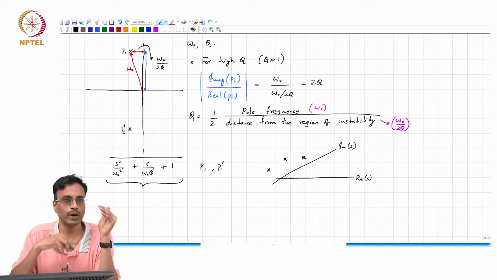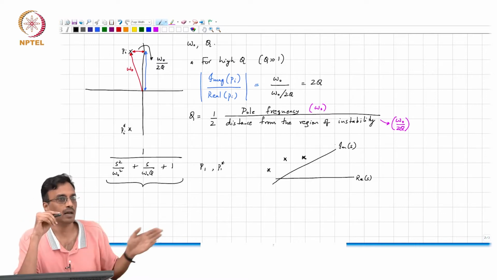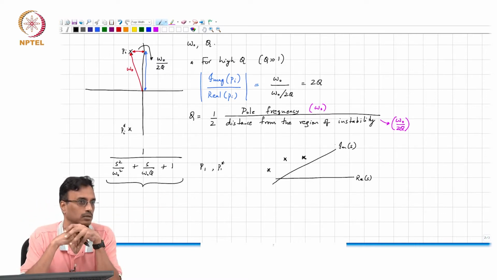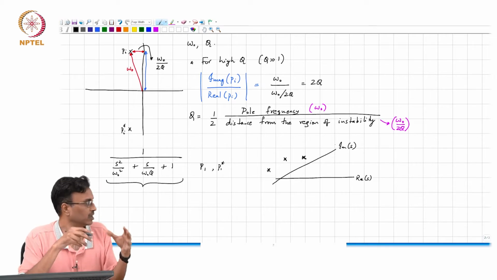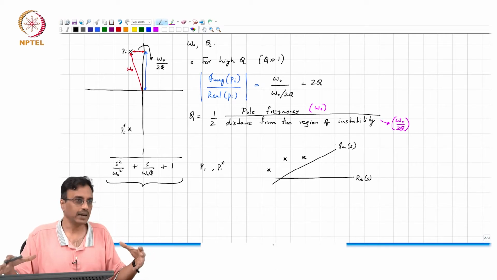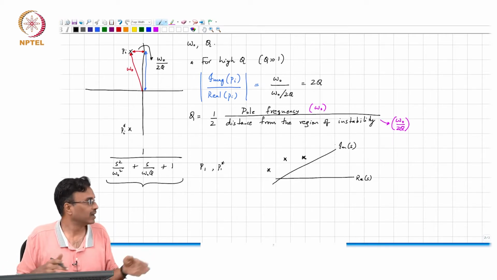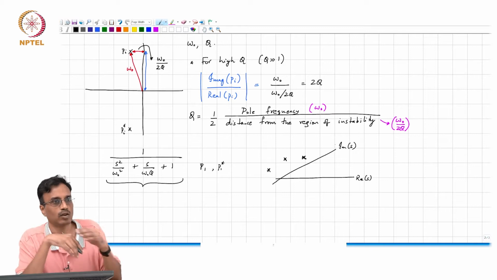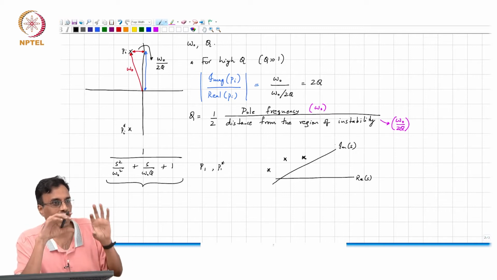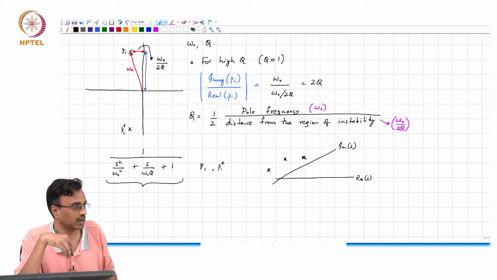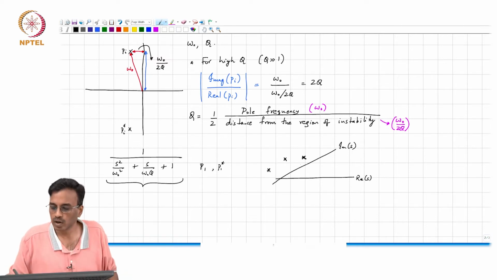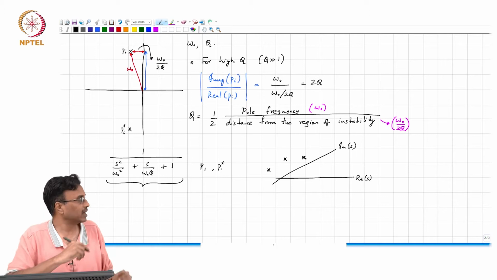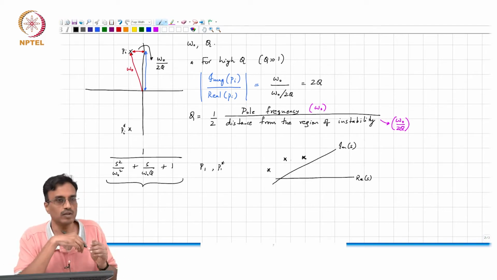If we are evaluating modulus of H of j omega, what would you do on this picture? You take this 3D plot, the surface, and slice it along the j omega axis and look at the profile of that slice as seen from whichever side that you want. So, if you do that, then you will basically see mod H of j omega.